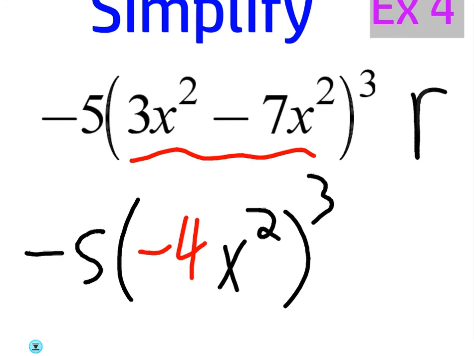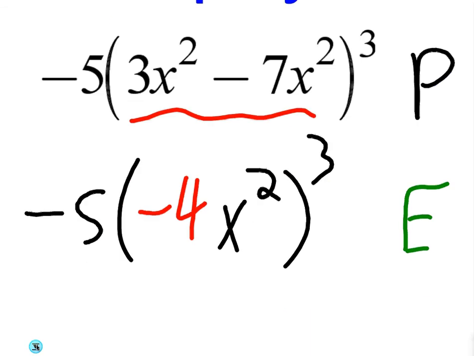So we just did what's in the parentheses. Now we can apply the exponent. So we would not multiply the negative 5 because that comes after doing the exponent in PEMDAS. Yeah, so the 3 is going to go to the negative 4 and it's going to go there.